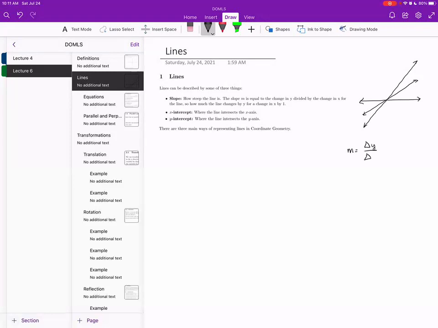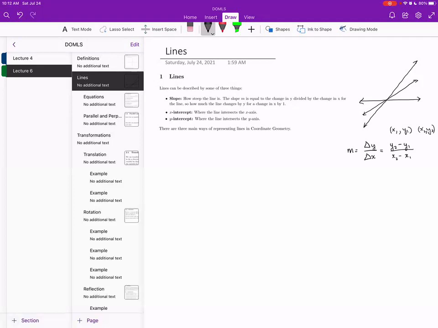That might seem a bit weird, so another way to write it is: if we have two points on the line, (x1, y1) and (x2, y2), then the slope is equal to (y2 minus y1) over (x2 minus x1).